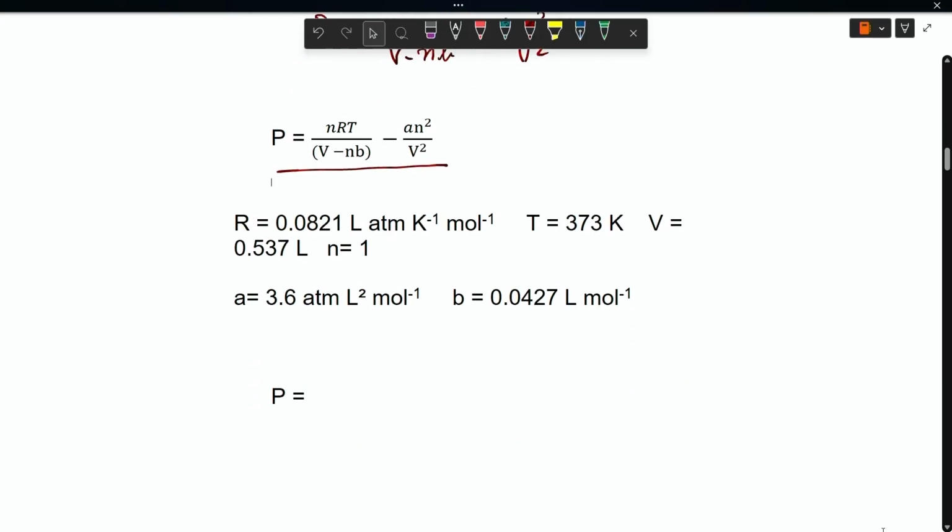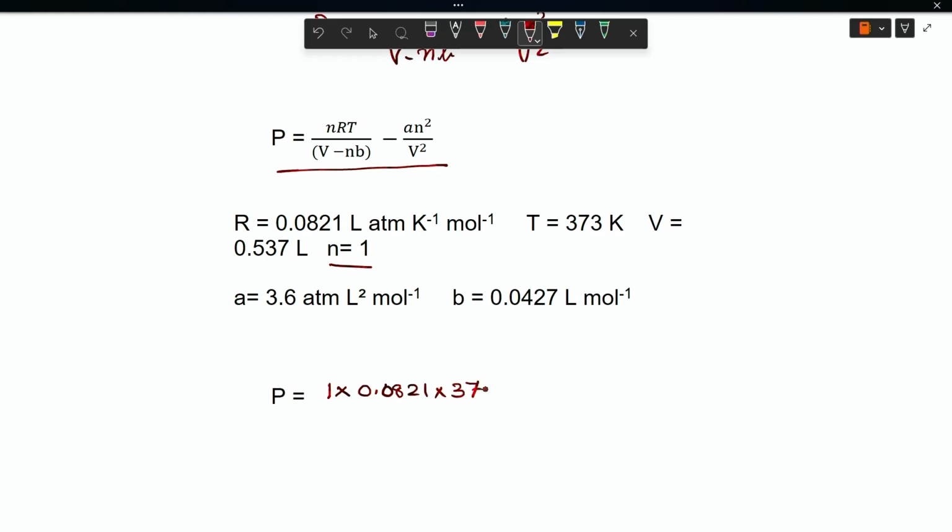Now, we are going to substitute the values. n is equal to 1, which we have calculated just for the ideal gas equation. So, I will put it as 1 into R is equal to 0.0821. I am not putting the units. Temperature is 373, and finally, you will be getting the pressure in atmospheres, whole divided by what is V?